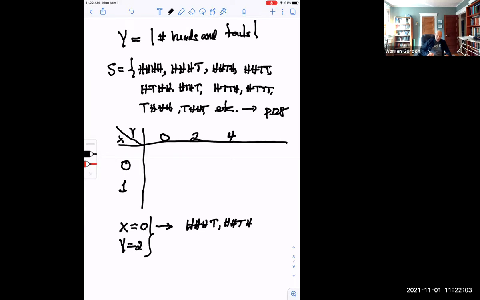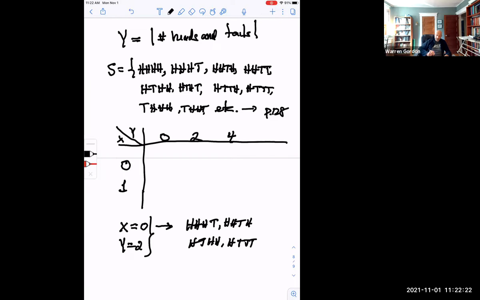So I'm looking at HHHT, HHTH, HTHH, and HTTT.